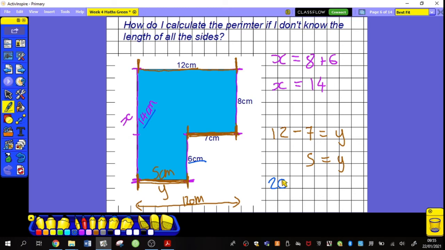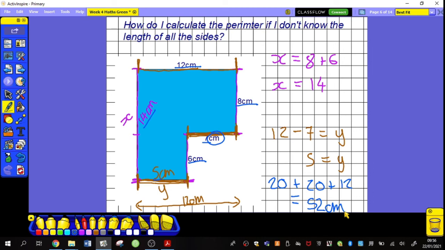What else do I have? I have 12 and an 8 equals another 20. And then that just leaves my 7 and my 5. So I must be adding on another 12. So altogether, I'll just make sure that all of the sides are underlined. Yep. So altogether, 20 and 20 and 12, 52. Remember, I'm working in centimetres.